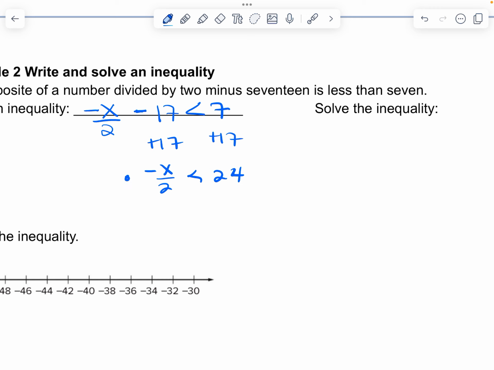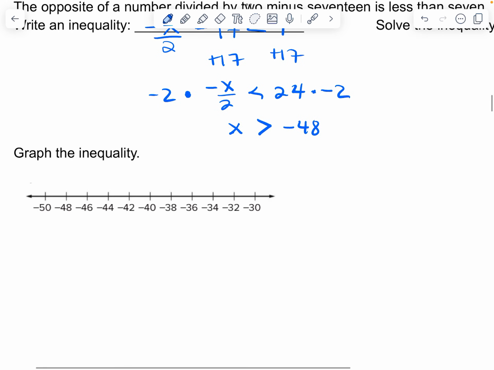Multiply both sides by a negative 2 and get x is greater than negative 48. So I come down here to negative 48, and that's an open circle, and it's all the numbers greater than.